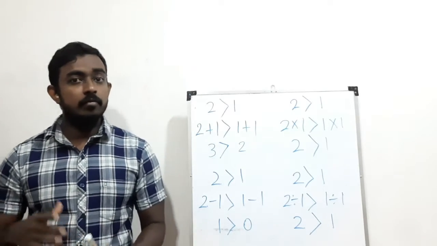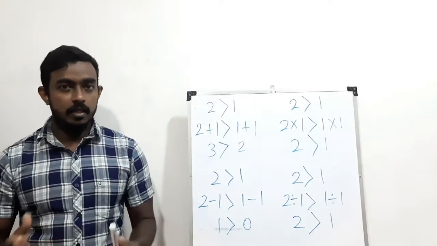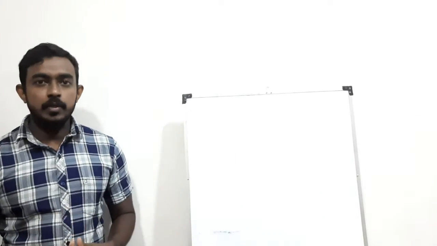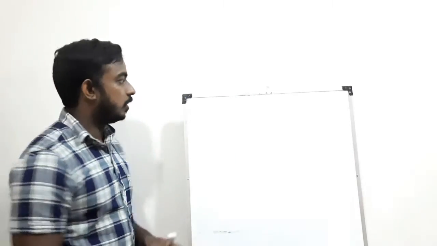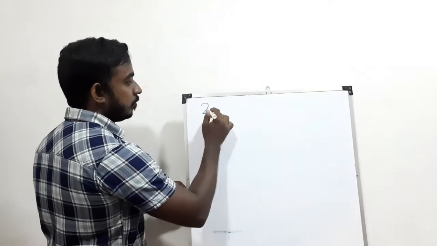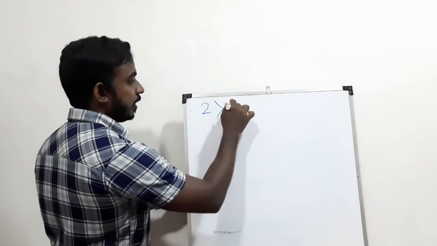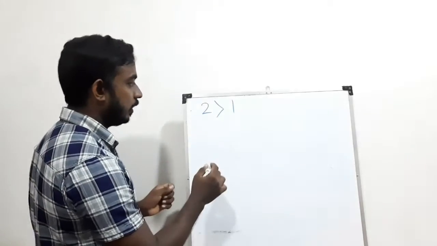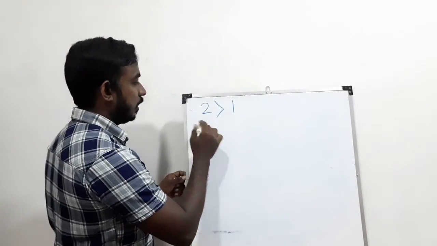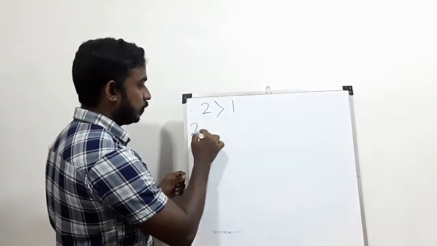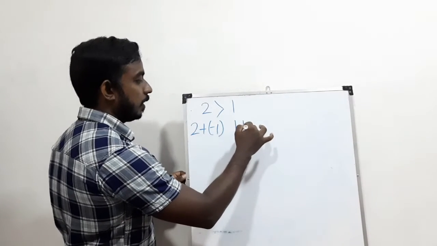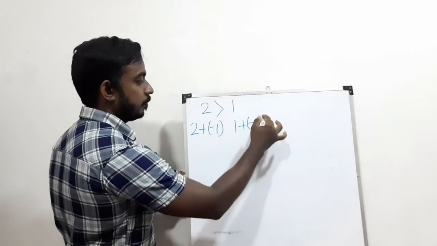Okay, then what about the negative integer? Let us see what would happen when we use a negative integer for an inequality. I'm going to use the same example. 2 is greater than 1. This time I'm going to add a negative number to both sides. Then 2 plus minus 1, 1 plus minus 1.